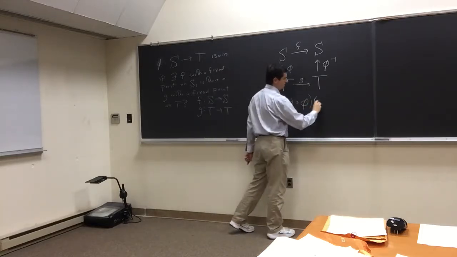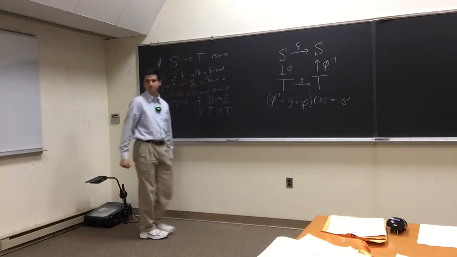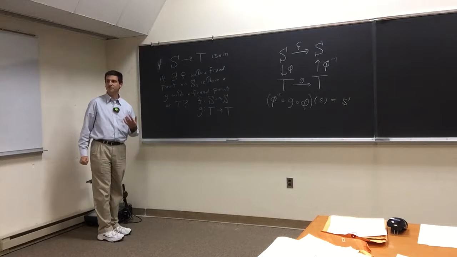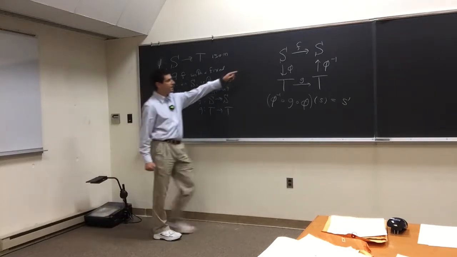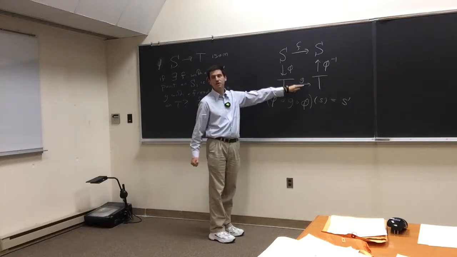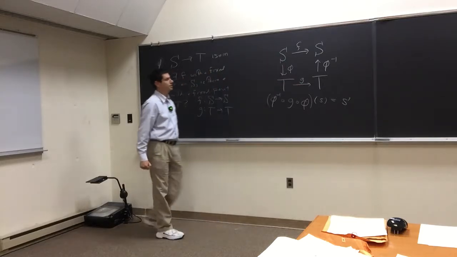And this would take something in S and give us something new in S. You always have to be careful in these diagrams that you go through them in the right order. We're starting at S. g is defined on T, so we have to take something that exists in S and translate it into T.